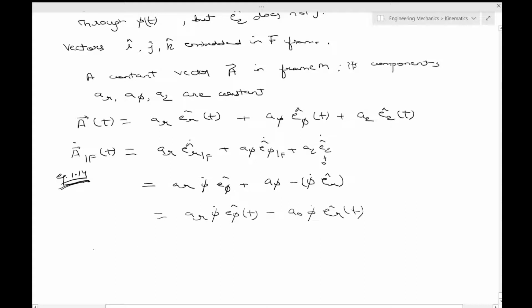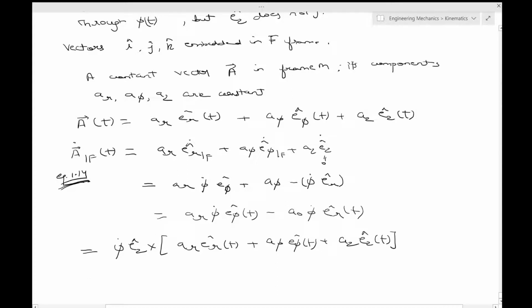Now this can be written as phi dot e_z cross (A_r e_r(t) plus A_phi e_phi(t) plus A_z e_z(t)).